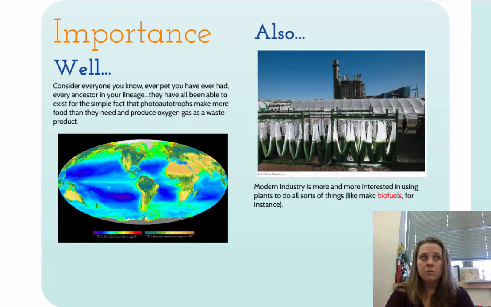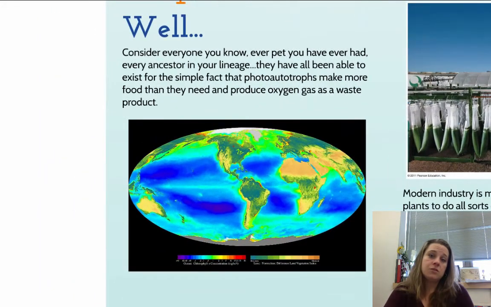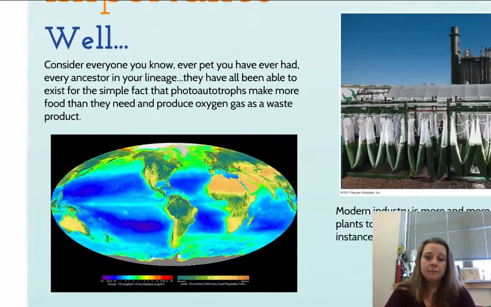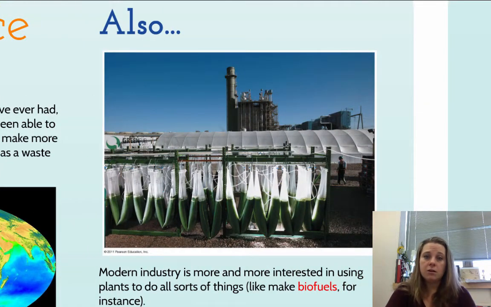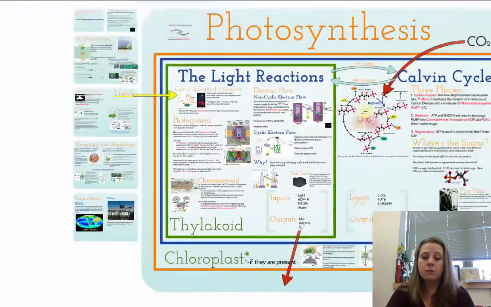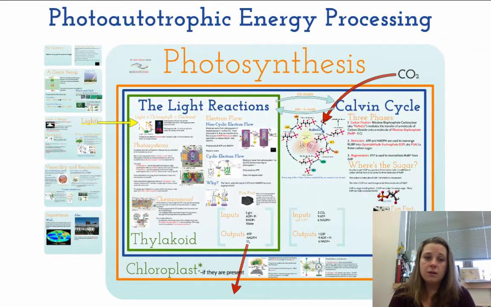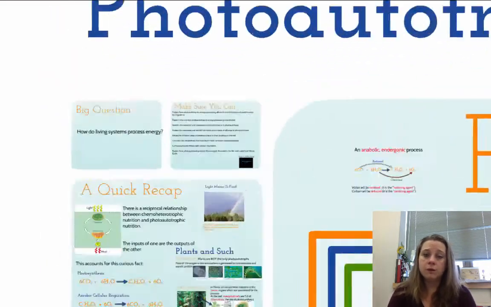Plants can also be really useful as an energy source. There's lots of things we're trying with plants and what they can do for us. So we gotta throw plants and photoautotrophs their due, because they're really important little buggers.